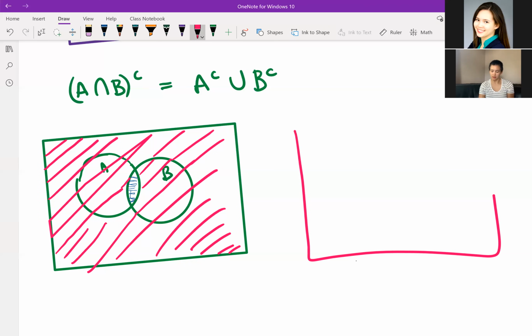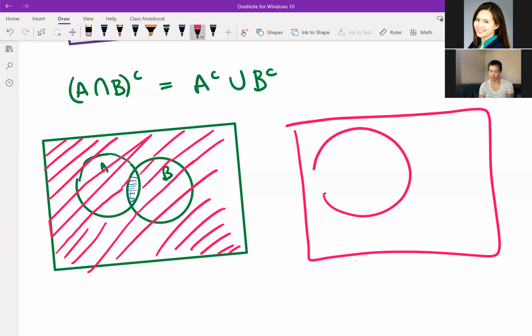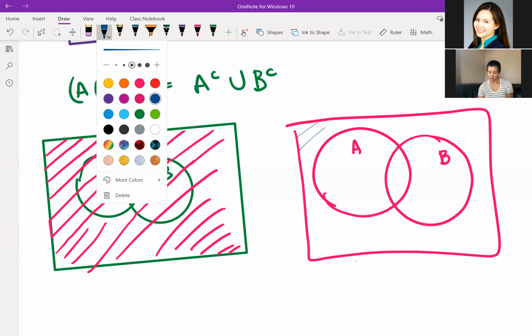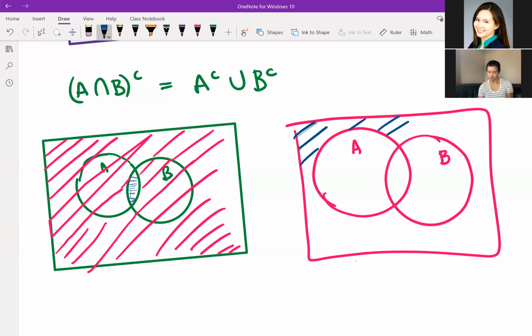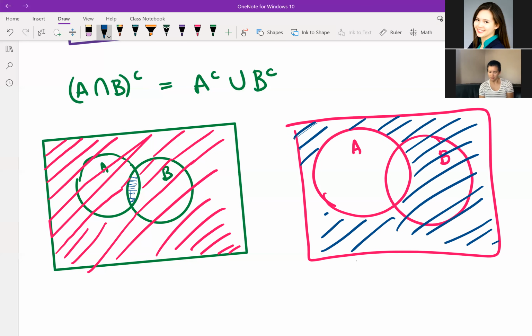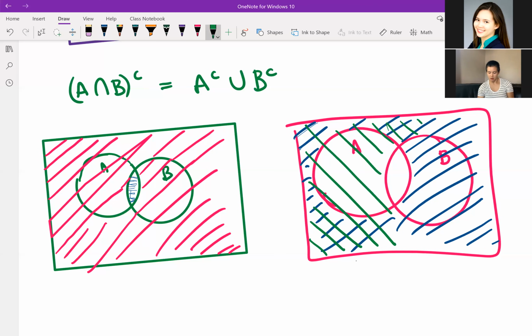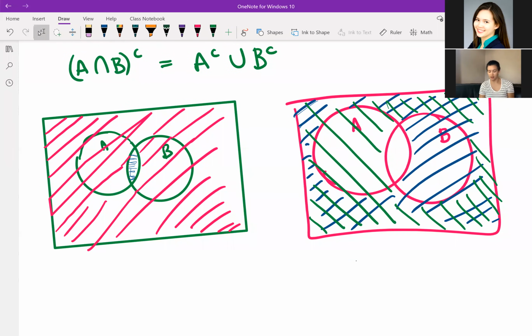Now let's look at A complement union B complement. So here's A, here's B. A complement is everything not in A. And B complement is everything not in B. And we want A complement union B complement, so let's just take any part that is shaded in at all.